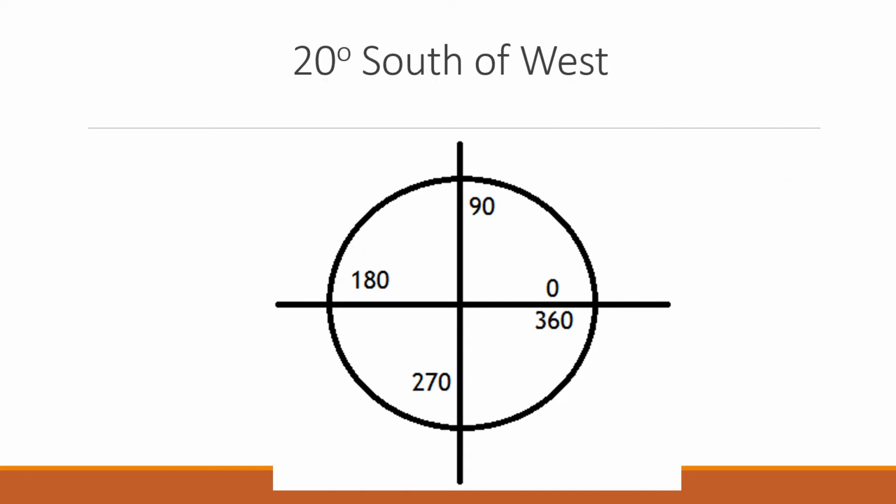Okay, what if the exact same thing, but instead of 20 degrees north of west, I have 20 degrees south of west? So, okay, still going west first, and then south, and then 20 degrees. Because it's CCW, we hit the 90, and in this case, we're going to hit the 180, but then we're not at the angle.